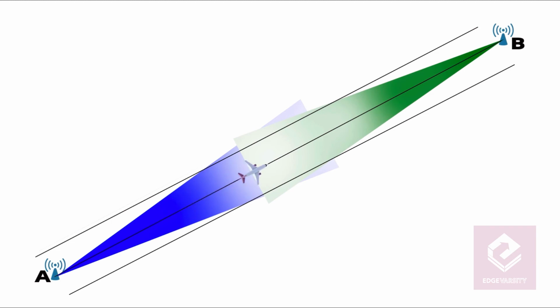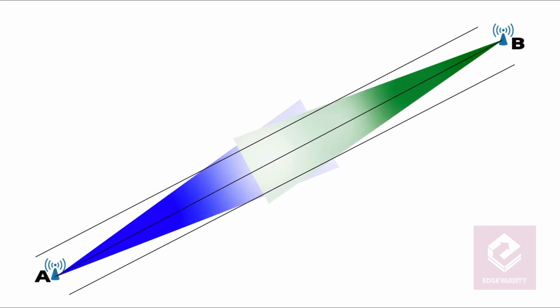But as it moves from A to B, the signal strength from A decreases and it slowly gets into the coverage area of beacon B. As the aircraft moves closer to B, the signal strength from B gets stronger. So, after a certain distance, the aircraft disconnects from A and tunes into B instead.